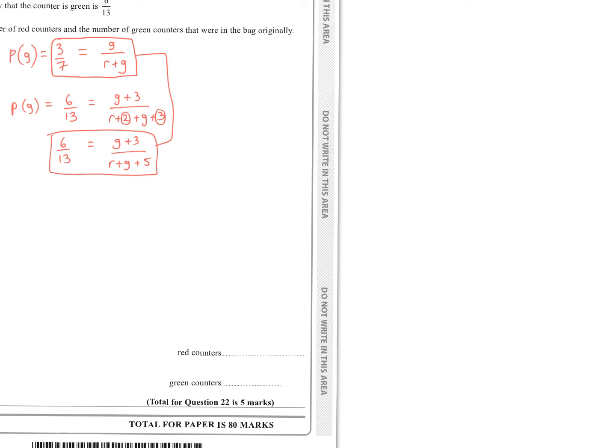So from the first one, if 3/7 equals G over R plus G, I'm going to multiply both sides by R plus G, and then multiply both sides by 7. Multiply out, so 3R plus 3G equals 7G. Just make sure these G's don't look like 9s.